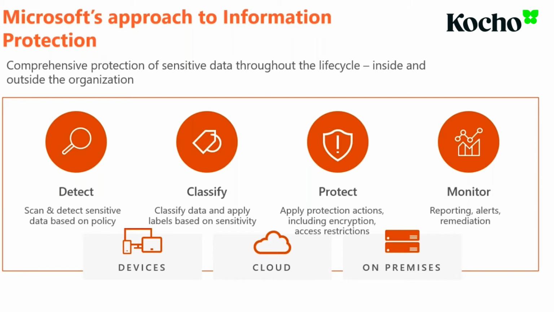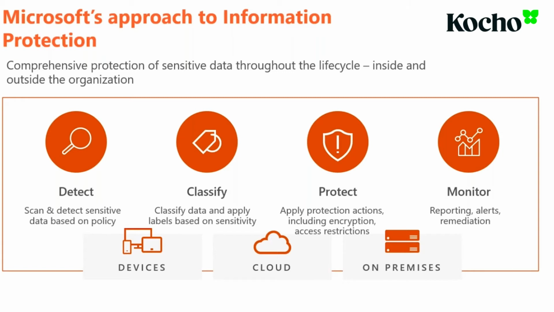And we need to understand where that is, whether it's on a device, stored in the cloud, or on premises. Once we've detected that data, we then need to classify it, apply the sensitivity labels that go with it, potentially add on the protection, making sure that the file, if it's protected, is only available to the people who should be opening it.